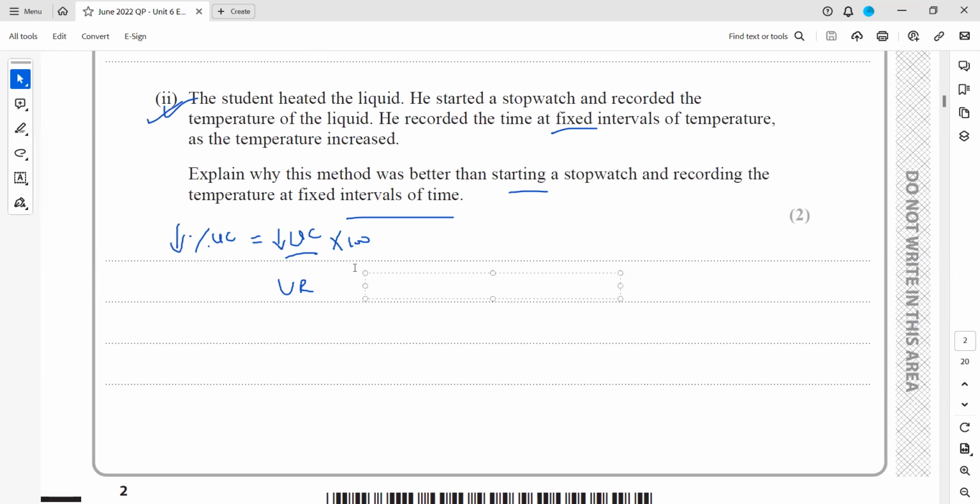So the uncertainty of the stopwatch is smaller than the thermometer, which reduces the percentage uncertainty.